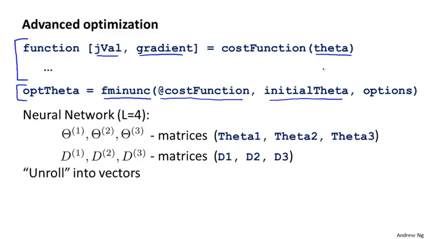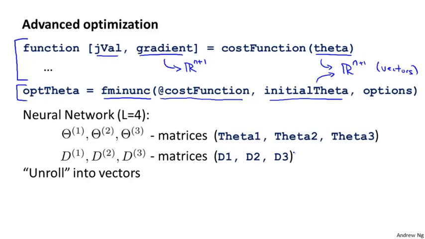And these routines assume that theta and the initial value of theta are parameter vectors, maybe R^n or R^(n+1), but that these are vectors. It also assumes that your cost function will return as a second return value this gradient, which is also R^n or R^(n+1), so also a vector.